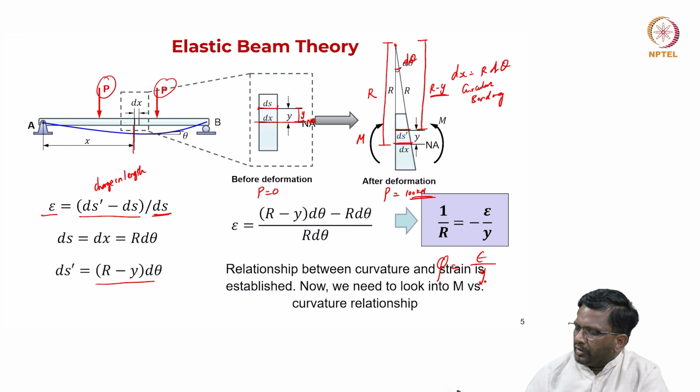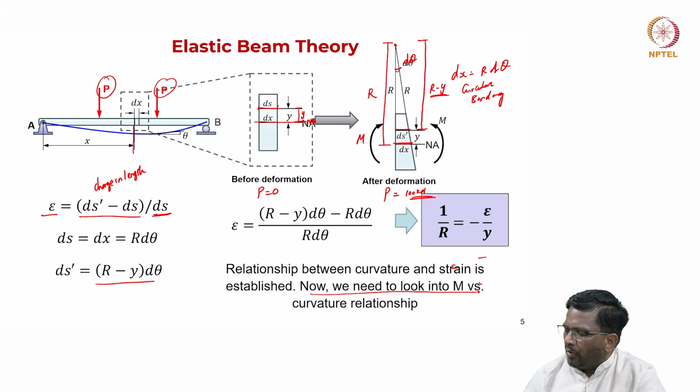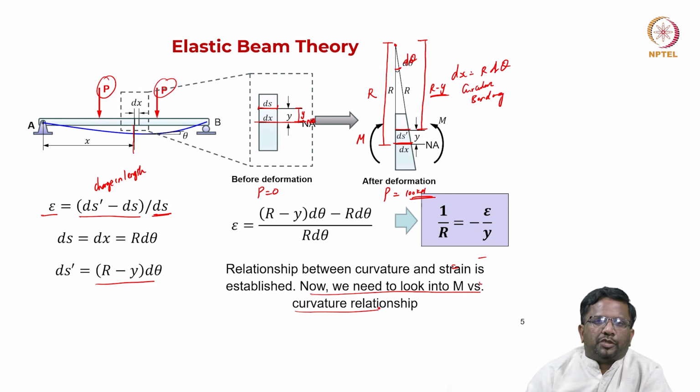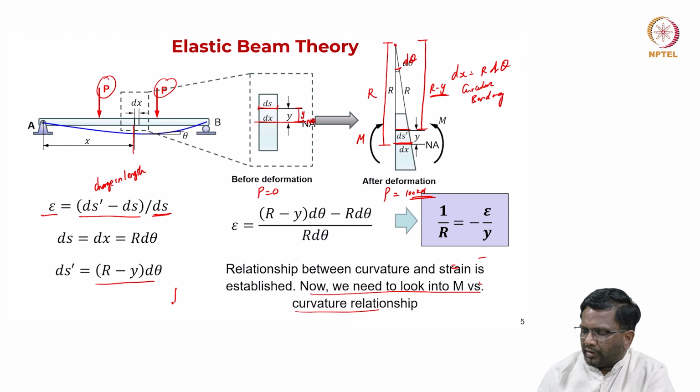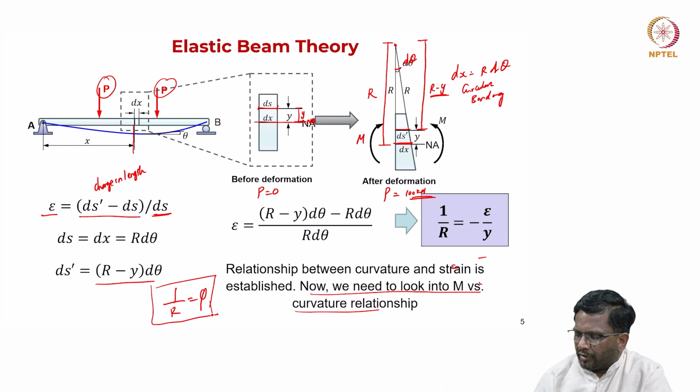So, this way we can establish a relationship between the curvature and strain. Now, we need to look at how we develop the relationship between curvature and the applied bending moment. Again, 1 by r is nothing but curvature, typically denoted as phi, however you want to call it, which is equal to epsilon by y.